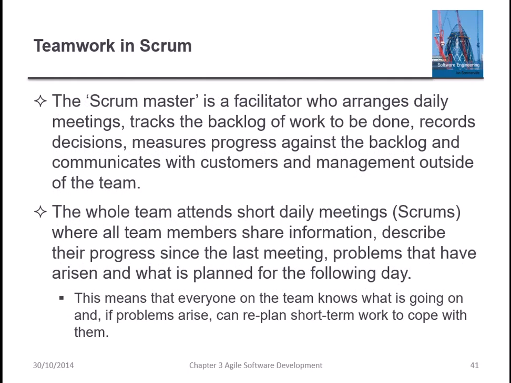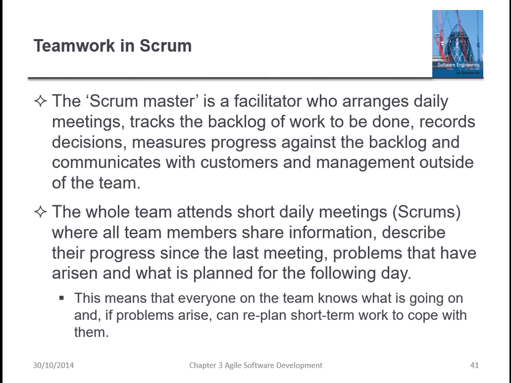Teamwork in Scrum. The Scrum Master is a facilitator who arranges daily meetings, tracks the backlog of work to be done, records the decisions, measures progress against the backlog, and communicates with the customer and management outside the team.